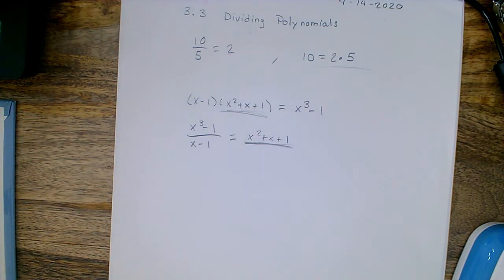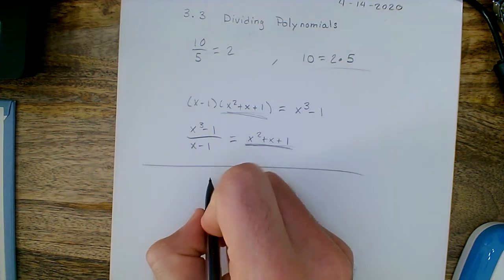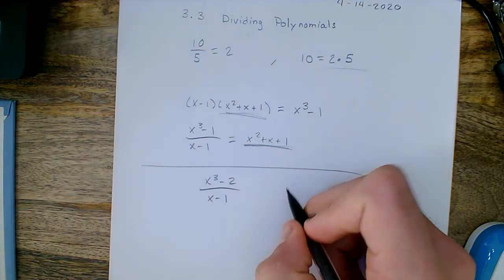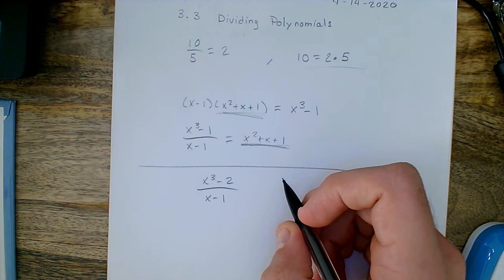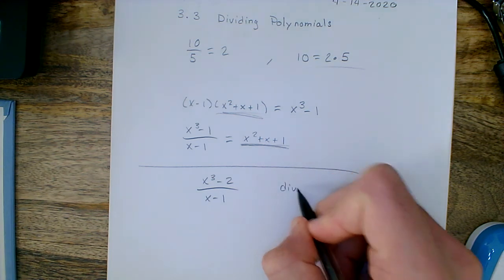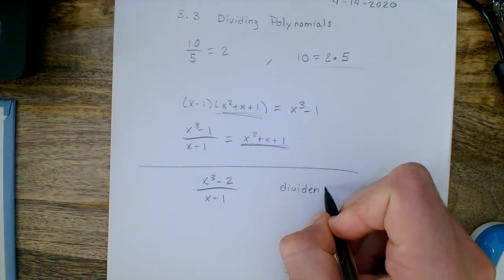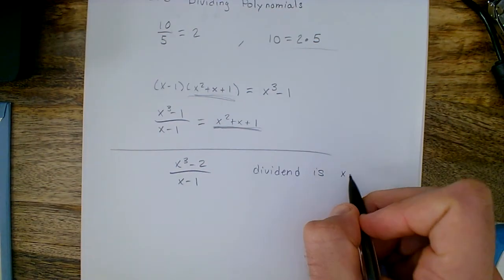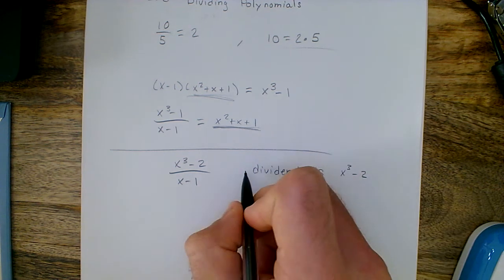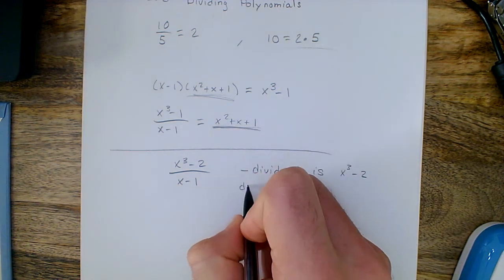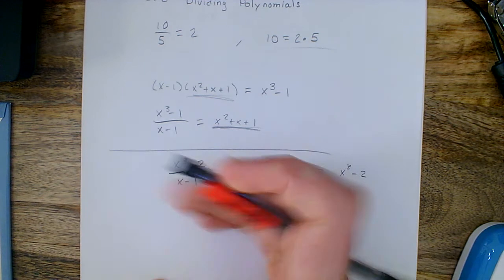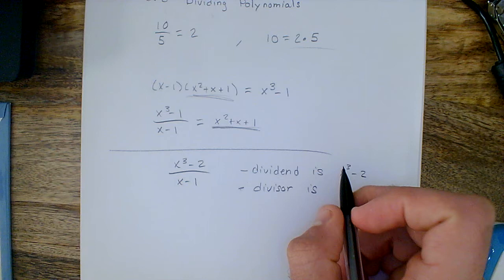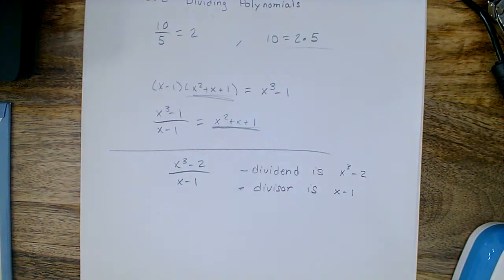For example, if you had x cubed minus 2 over x minus 1, the dividend is x cubed minus 2. The divisor is x minus 1.